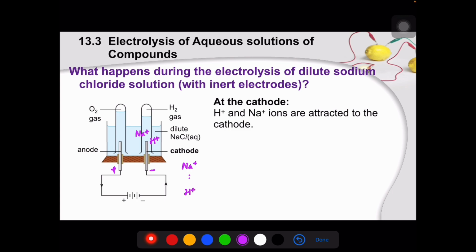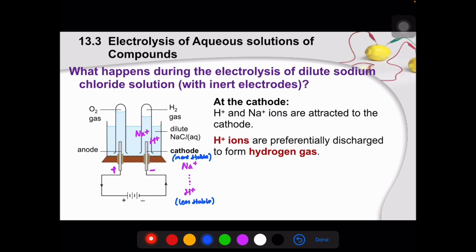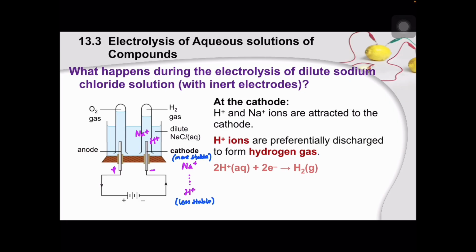We know that in between there's a lot. Okay, we are looking at ions, we're not looking at metals. And you should remember that just like I mentioned that the one that's at the top is actually the more stable ion. The one that's at the bottom is actually the less stable ion. Right? And because the less stable ion, H plus ions will now be preferentially discharged to form hydrogen gas.